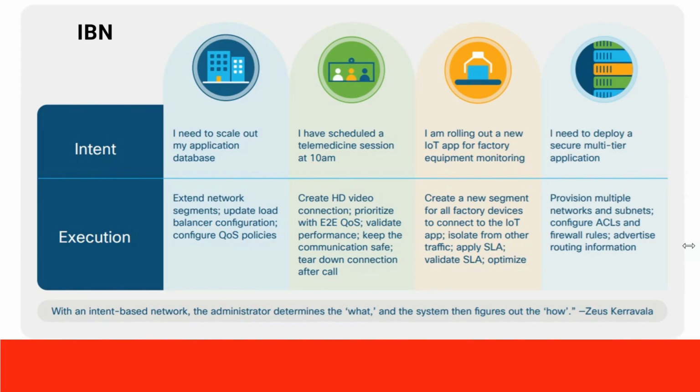So next time when you think of the hardware and IOS requirements, keep in mind what exactly you have to do. You may want to implement a campus network, a WAN network, or a data center.